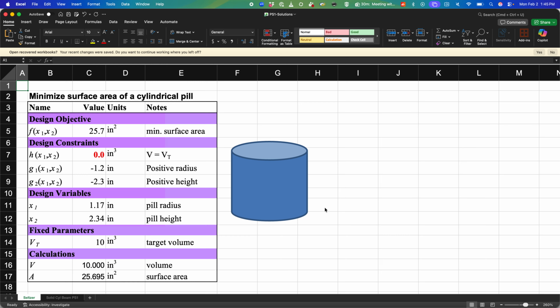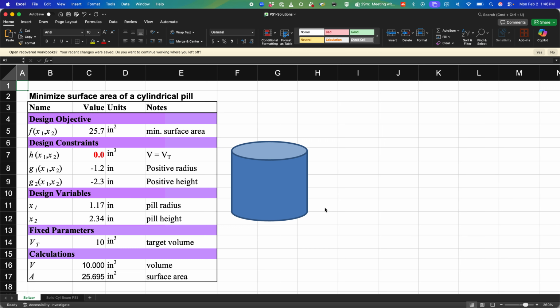And I have specific values that I might set for those. But I want to make sure that the volume of this cylinder is equal to 10 cubic inches. Okay, right? So it's got some radius and some height, and I want to solve it in such a way that I optimize its surface area, but the volume is a specific value.